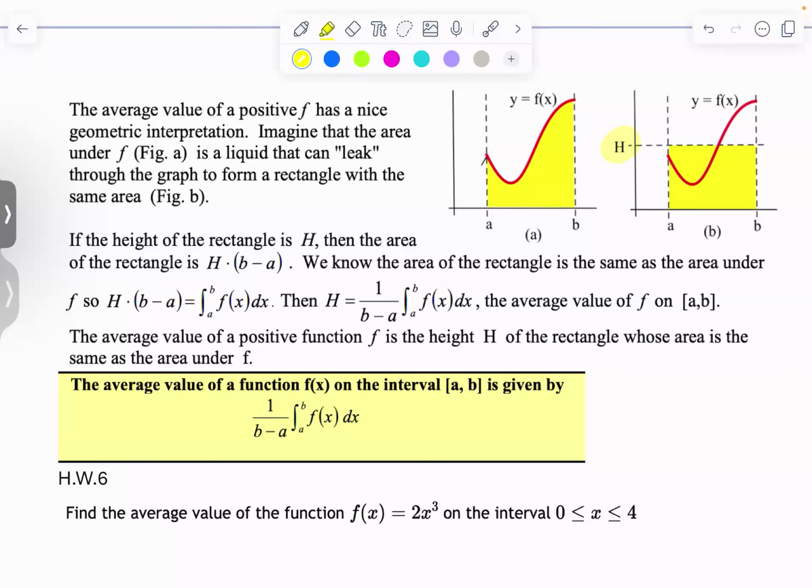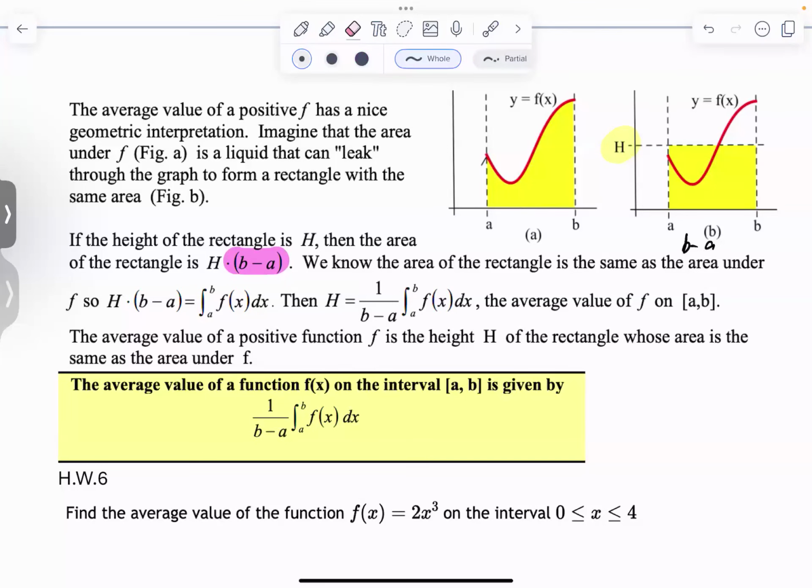And it looks like b minus a is going to be with us here, times the height, is going to give us that area. And we know the area. Anyway, long story short, we don't need to get into all the fanciness of it.